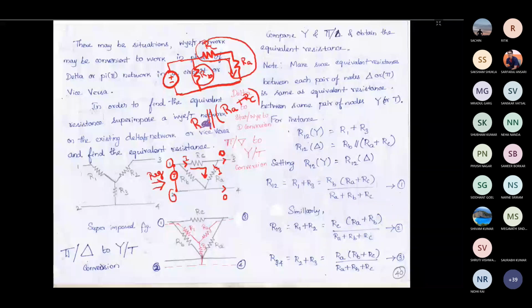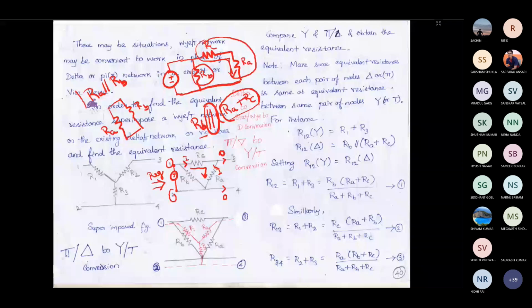This symbol represents the parallel combination: RA plus RC together is parallel to RB. For example, if you consider two resistors, let's say this is RA and this is RB, I can write it as RA is parallel to RB. This represents the parallel symbol.